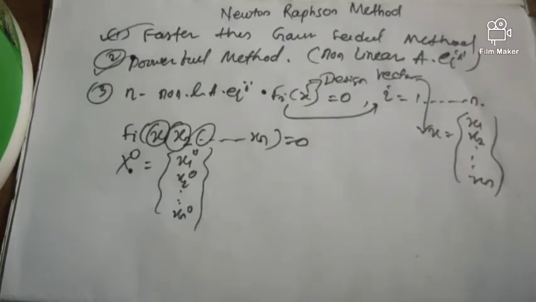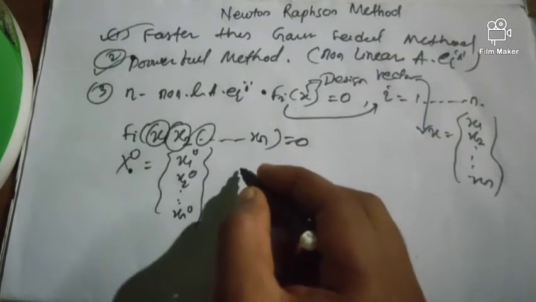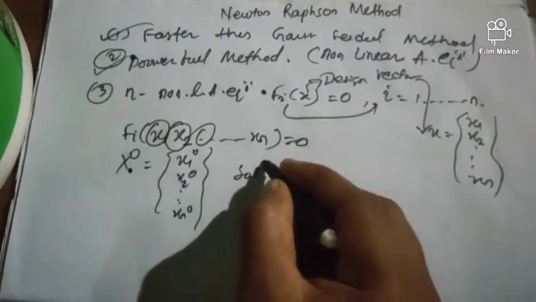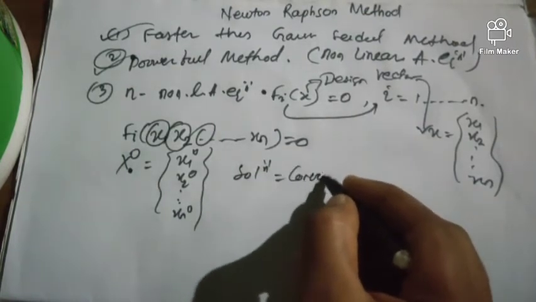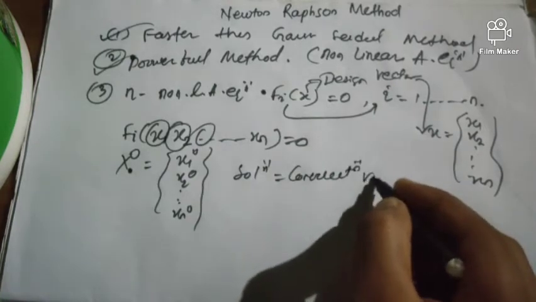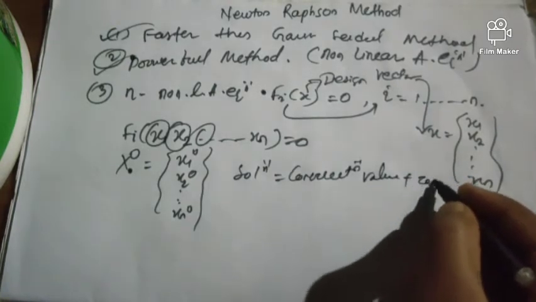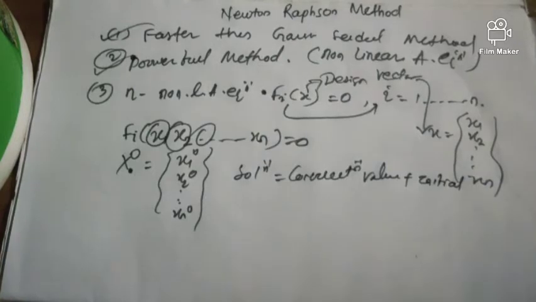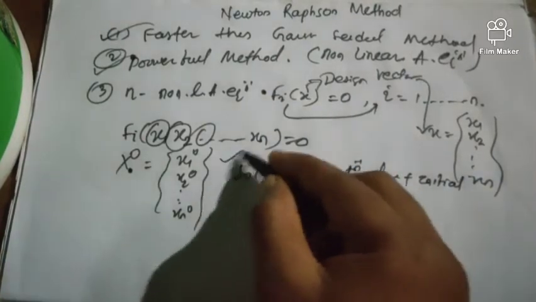Once the correction values are added to the initial guess value, we will get the solution. In the previous lectures I have already told you that the solution is equal to the correction value plus the initial or guess value. Please remember that term.